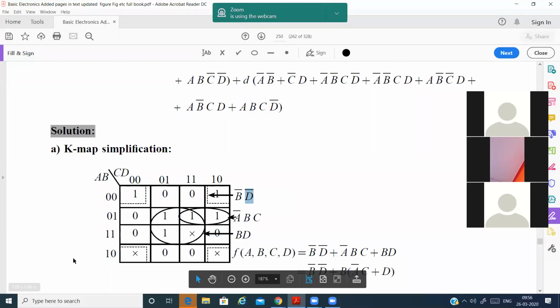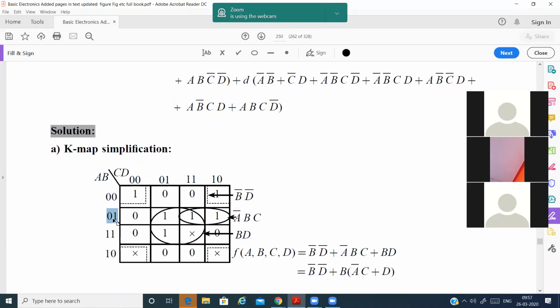Next, coming to this group, a single group that we made using two values. How many boxes are there vertically? Only one box, only one possibility, 0 1.